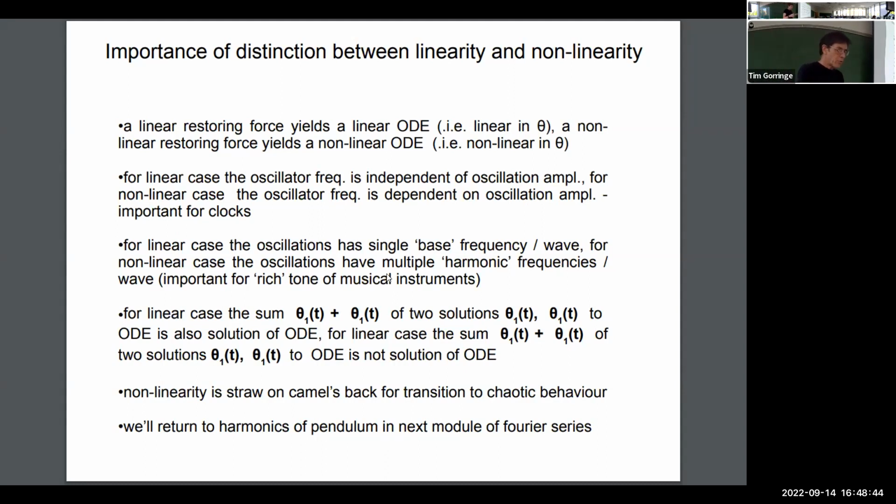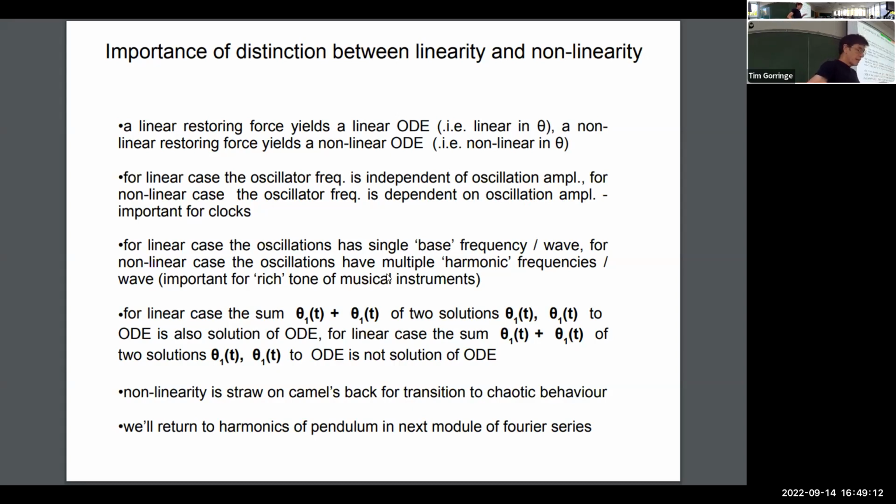Another important difference is that in the linear case for the simple or compound pendulum, the oscillations are described by a single frequency, a single sine wave or cosine wave. There's just one base cosine or sine wave describing theta as a function of time.